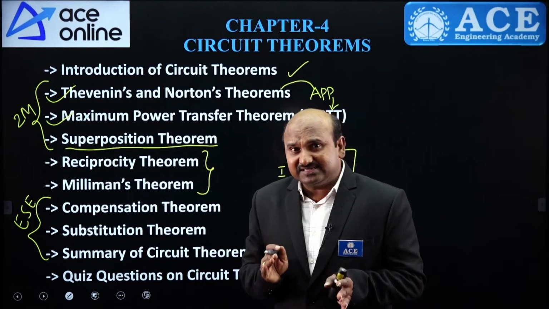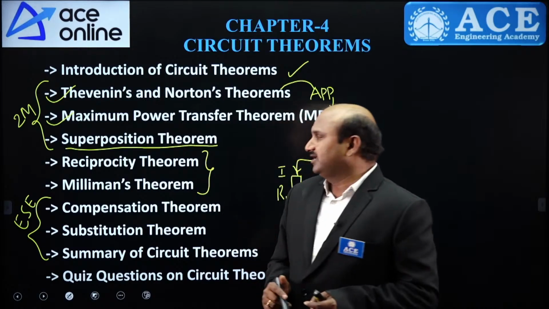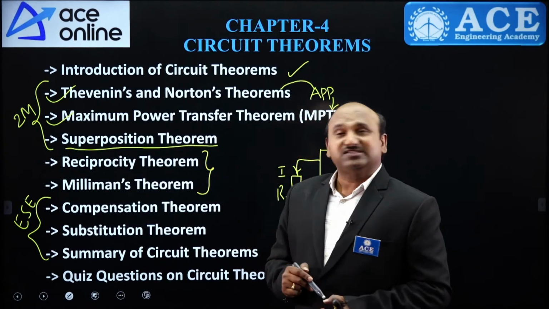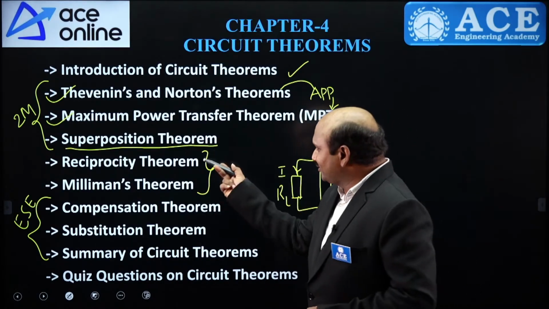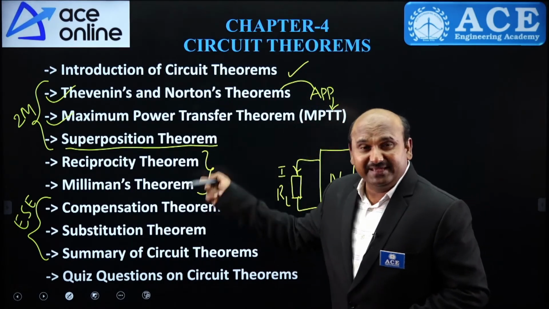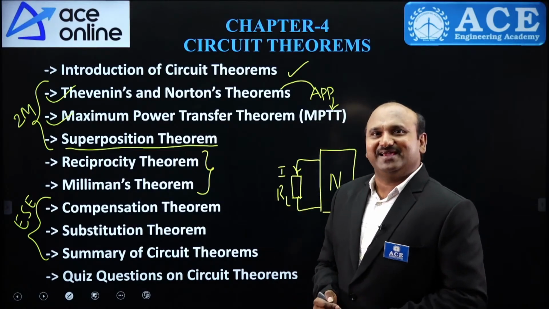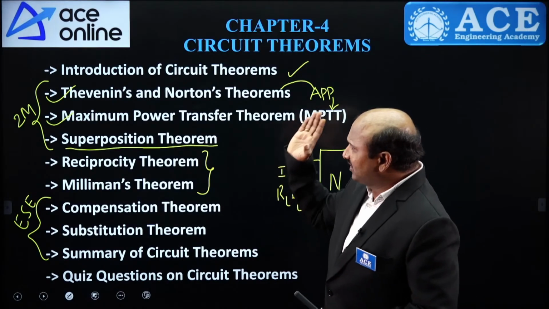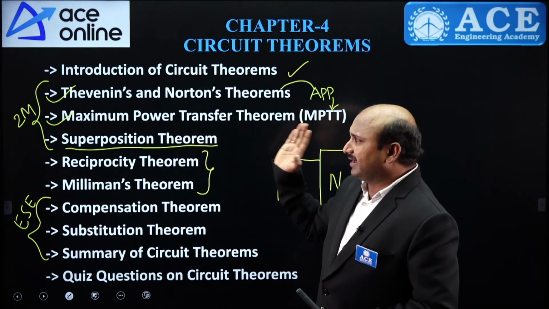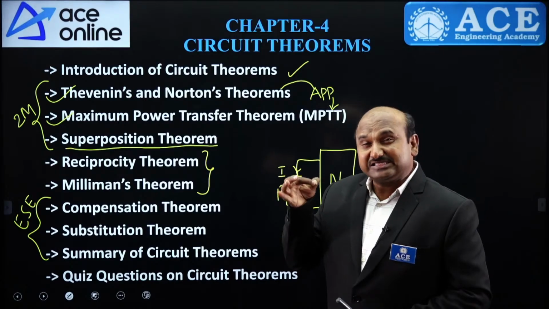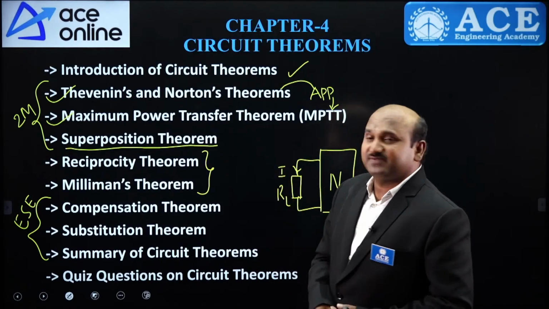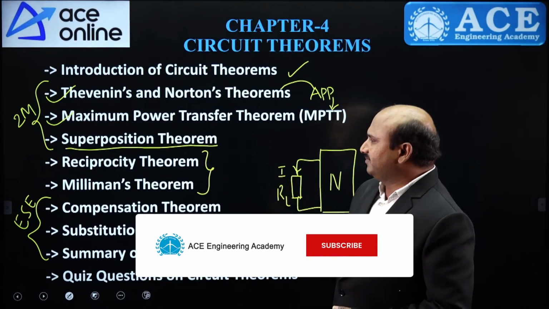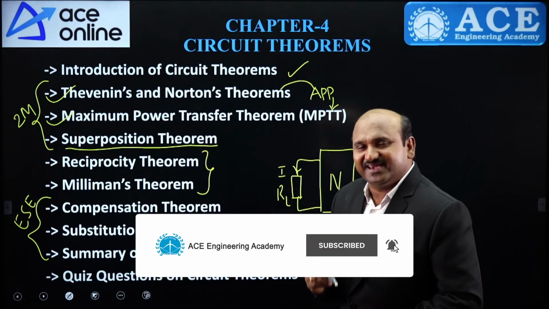Even though it is in the GATE syllabus, you may get only the reciprocity theorem at maximum, because reciprocity and Millman's theorem are applications of that. That's why, guys, concentrate under circuit theorems on Thevenin's, Norton's and maximum power transfer theorem, and practice some examples with the superposition theorem, right? And reciprocity and Millman's theorem are applications of that.